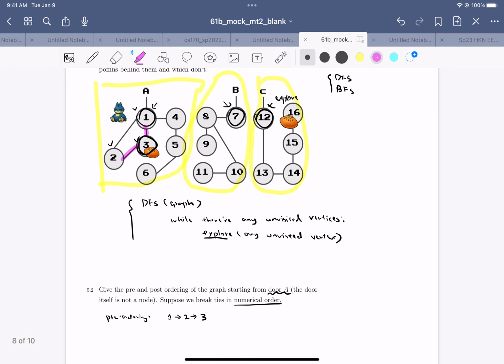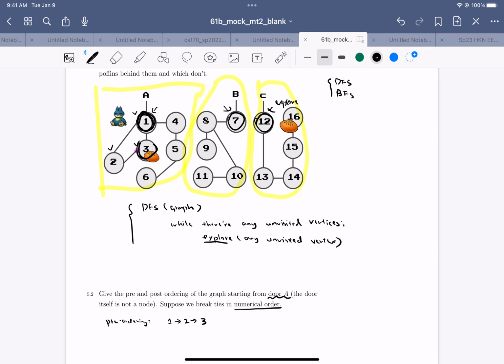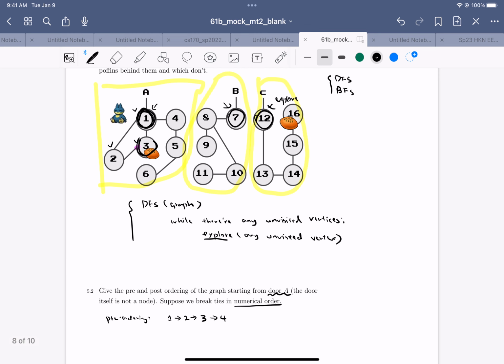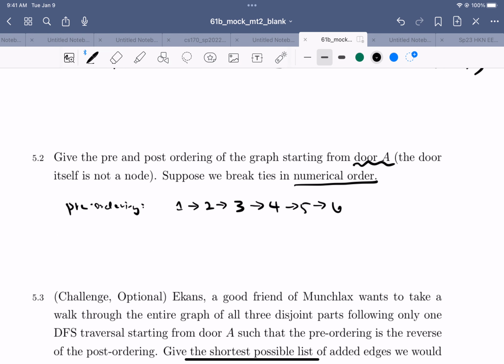So we'll return to the first node. We have visited vertex 2, and the only choice we have left is vertex 4, right? So with vertex 4 and 5 and 6, here's the pre-ordering.